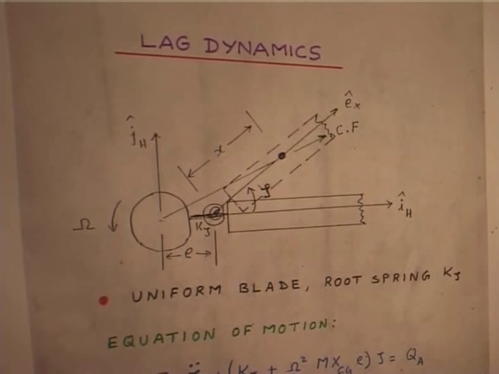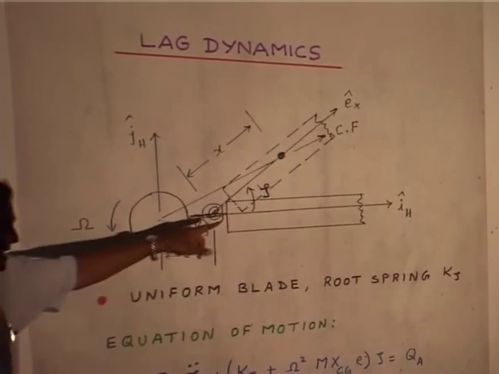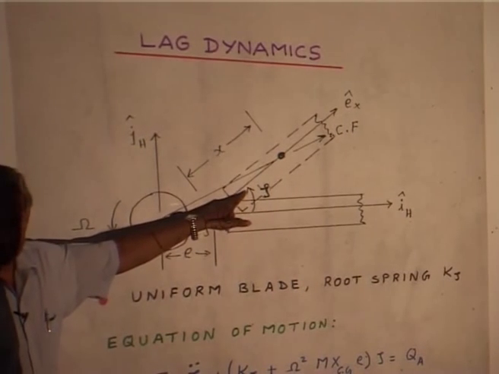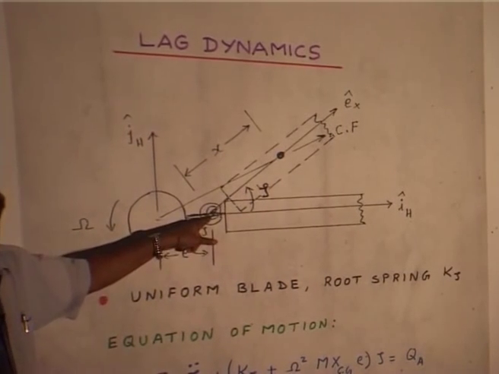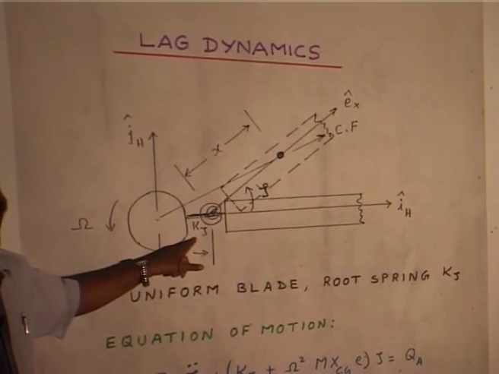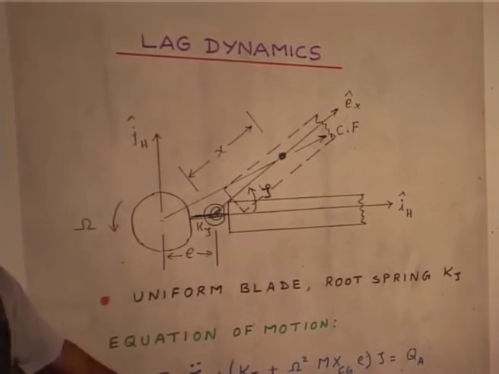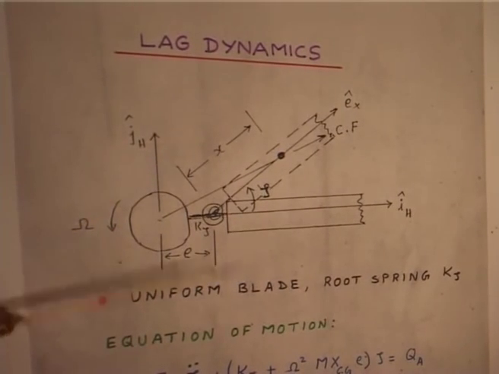If you derive the equation of motion for this, please understand, I am giving a deformation zeta, the blade is hinged about this point and there is a root spring which is k sub zeta, so the motion is in the plane of the diagram.